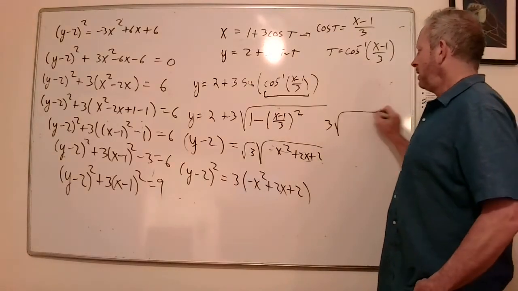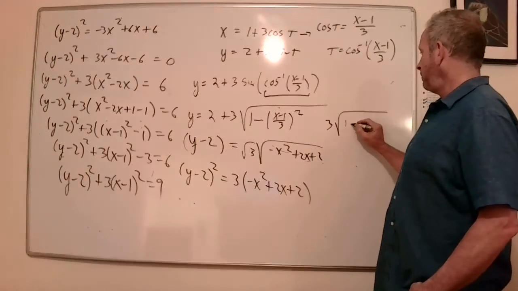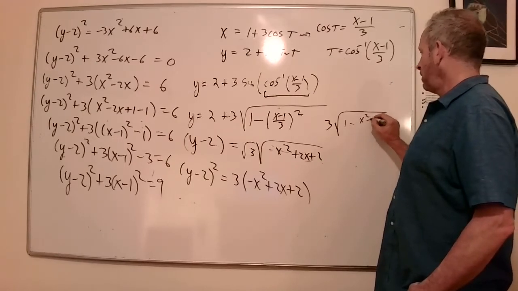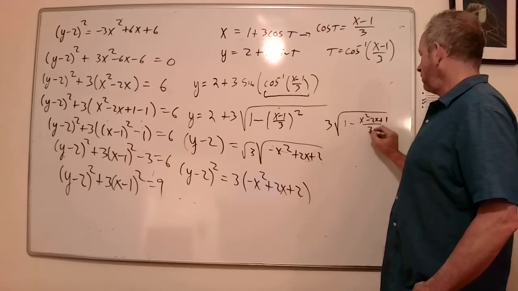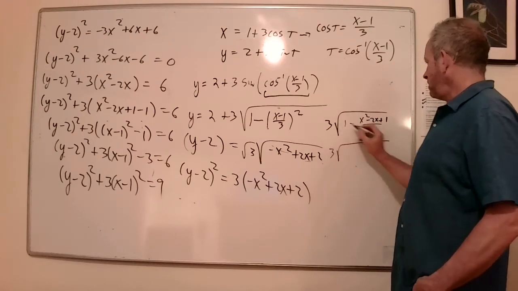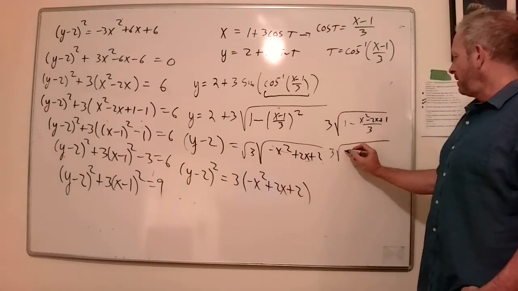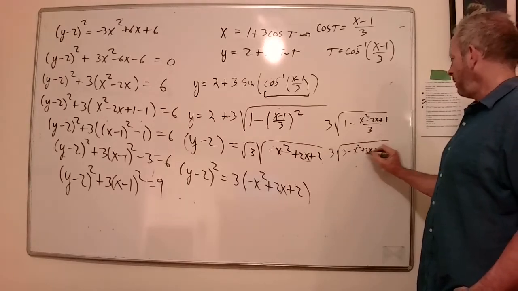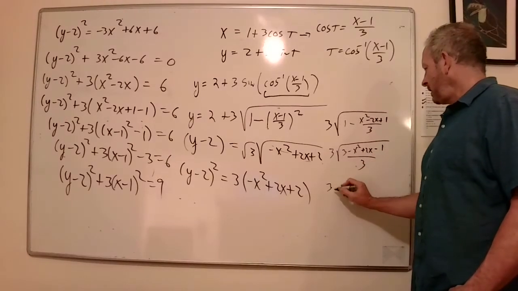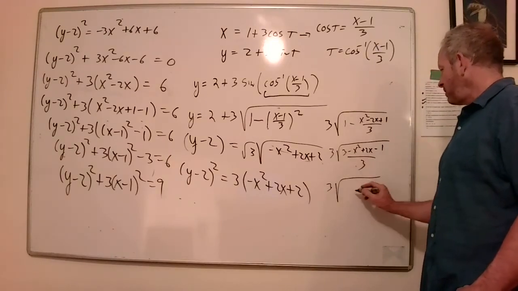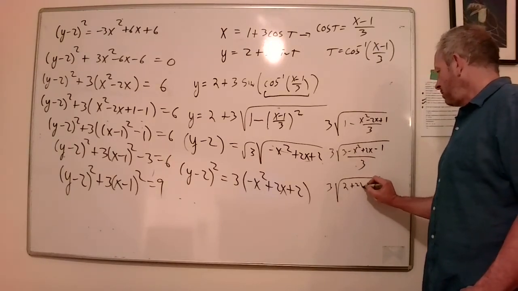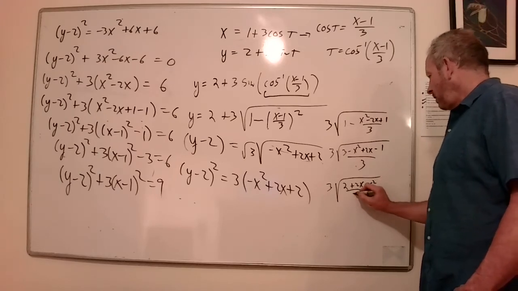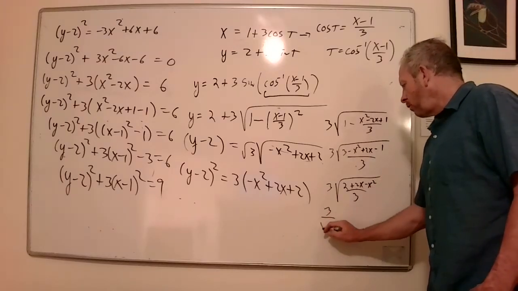We had 3 times the square root of 1 minus x squared minus 2x plus 1 all over 3. That's 3 squared, so the common denominator is 3, right? So you'd have 3 minus x squared plus 2x minus 1 all over 3. And that's 3 times the square root of 3 minus 1 is 2, plus 2x, minus x squared all over 3. That's 3 over root 3.